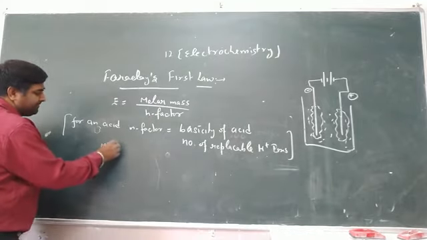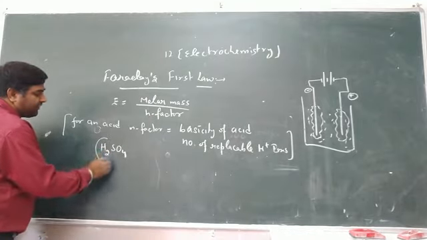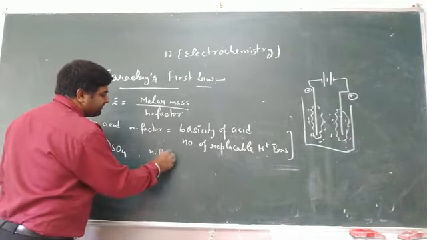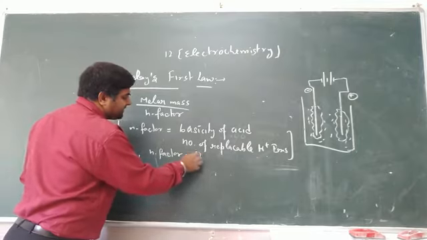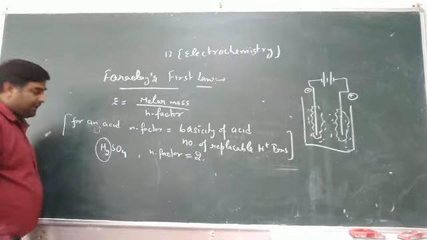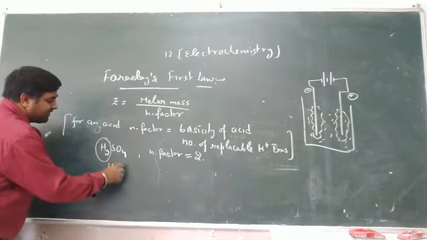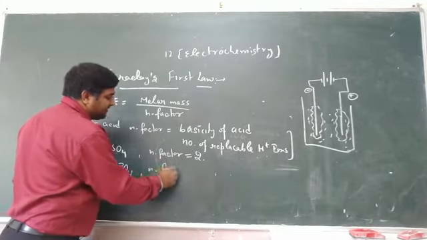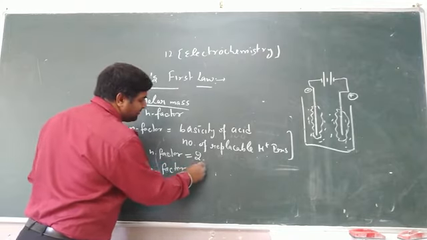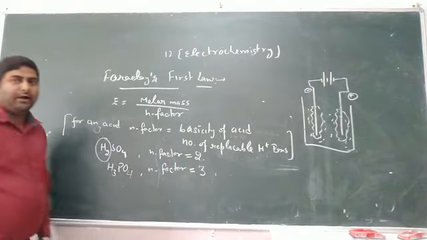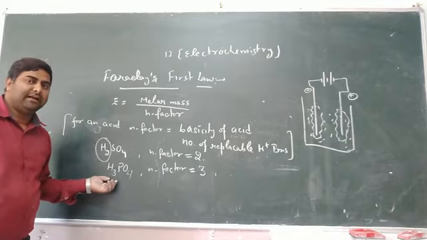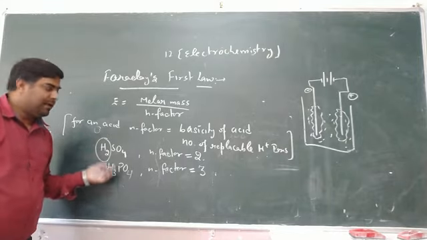Sulfuric acid has two replaceable hydrogens, so we say n factor for sulfuric acid is 2. If we take phosphoric acid, H3PO4, then we say its n factor is equal to 3. Why? Because from the formula it has 3 replaceable hydrogen atoms.